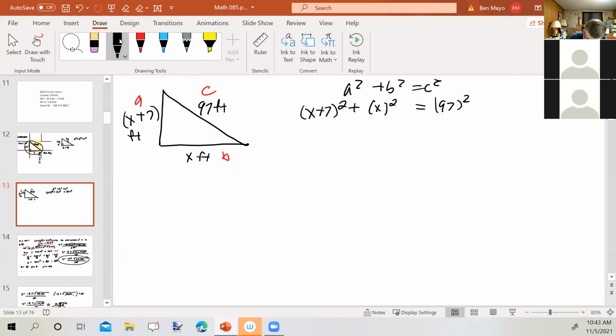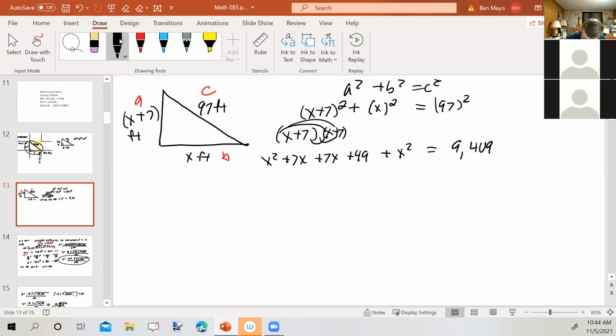Going from there, x plus 7 times x plus 7 is x squared plus 7x plus 7x plus 49, plus b squared, or x squared, equals 97 squared. 97 squared is 9,409. Combining like terms, we get 2x squared plus 14x plus 49 equals 9,409.